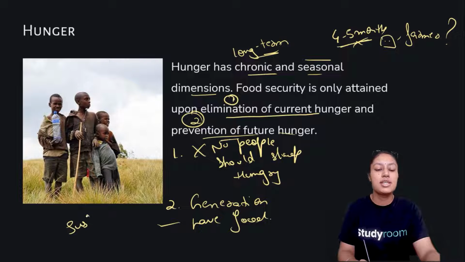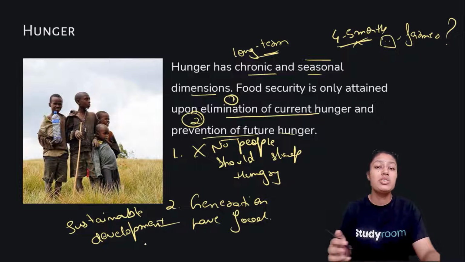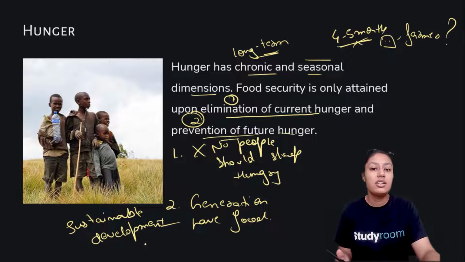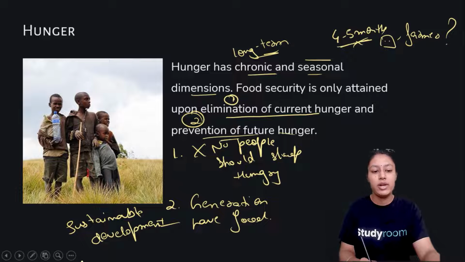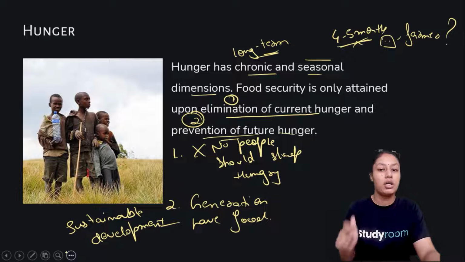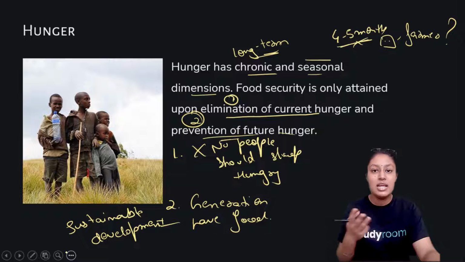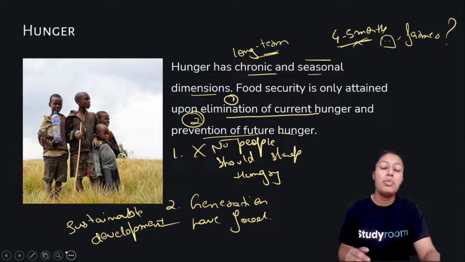We call it sustainable development. Sustainable development is when we use the resources considering the need of future generations. All right, so this is the major way to understand hunger. First, it's chronic and seasonal. Second, we can attain food security by eliminating current hunger and preventing future hunger.